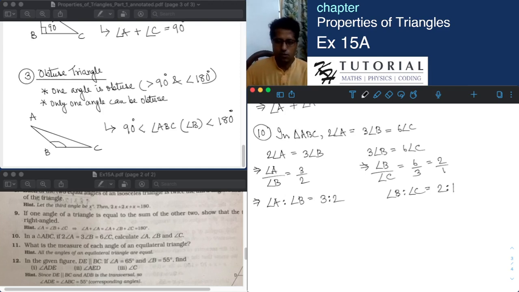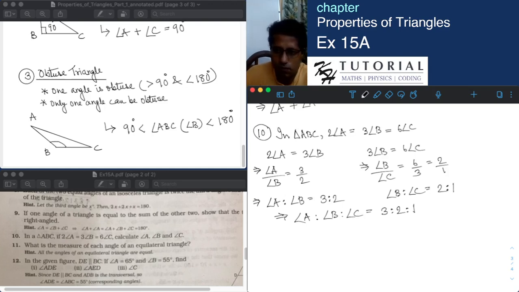So we have the ratio of angle A is to B and angle B is to C. Since in both ratios the common term, angle B, is the same, 2, we can clearly say from these two ratios that angle A is to angle B is to angle C is equal to 3 is to 2 is to 1.